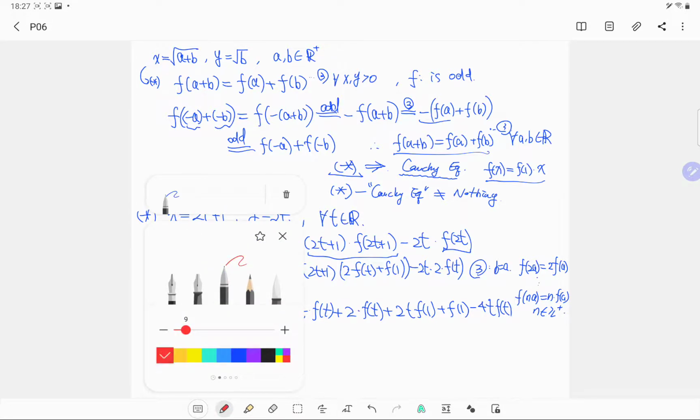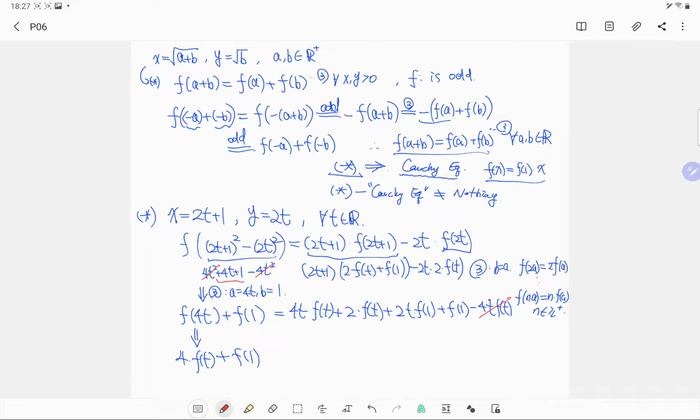So in this case, 4t f of t and 4t f of t can be cancelled. f of 1 and f of 1 can be cancelled. And then 4 times f of t and 2 times f of t can partially cancel, so that we have 2 times f of t on the left side.